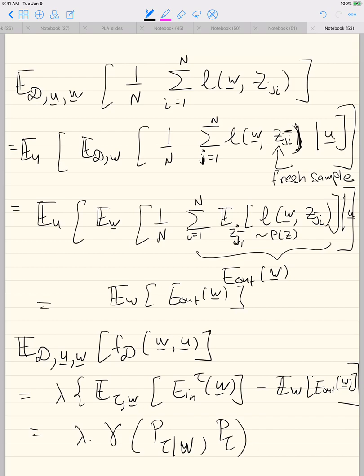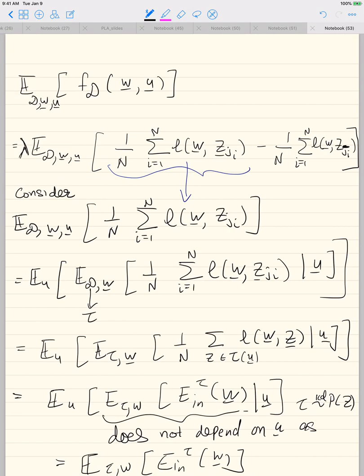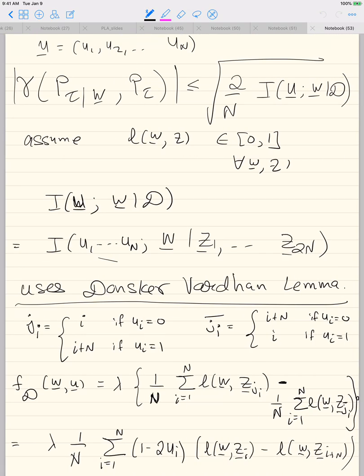Okay. So this quantity inside is really the quantity we want. This is the average training error with respect to tau and W. And this is the average test error we get. We want to bound this. So in other words, the function f was very carefully selected. You're taking the difference of these two sets, the points in tau and the points not in tau.